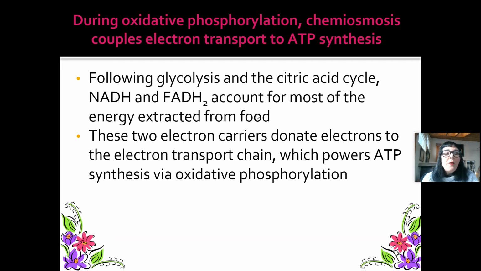These two electron carriers take these high energy electrons and bring them to the electron transport chain. The way they work is really similar. The only real difference is FAD will bring them in a little bit later in the chain. But honestly, very similar, so typically you're going to see this illustrated using NADH.